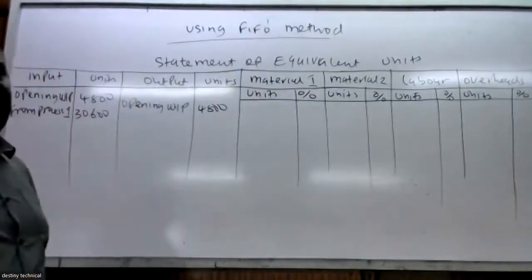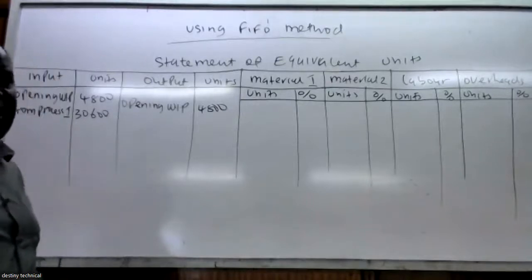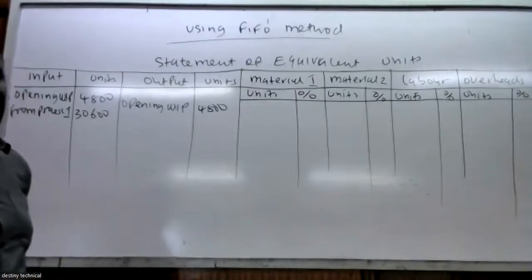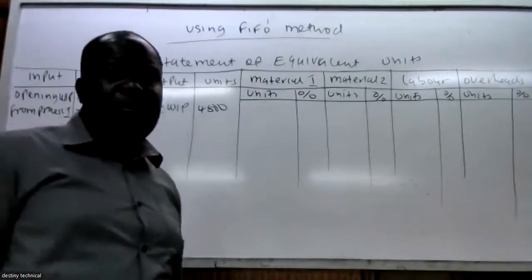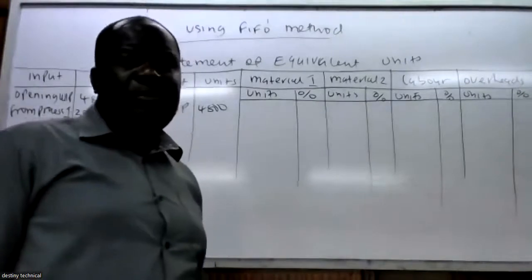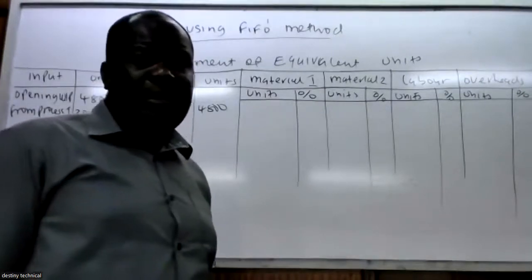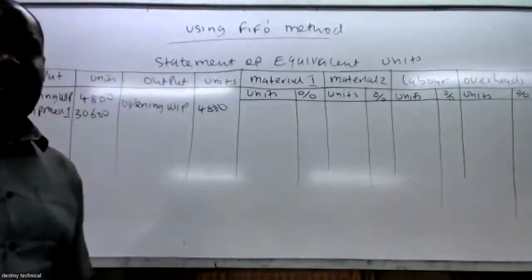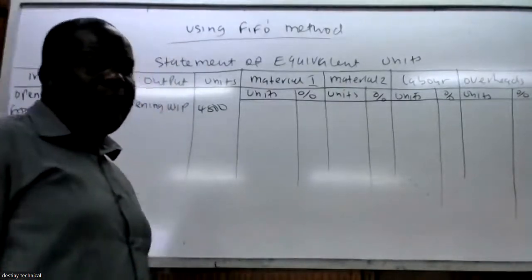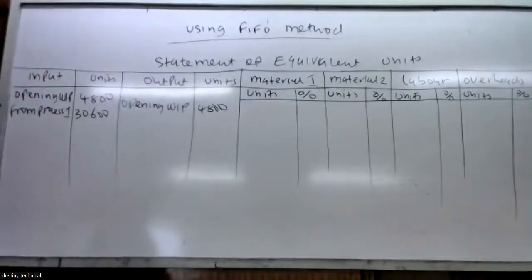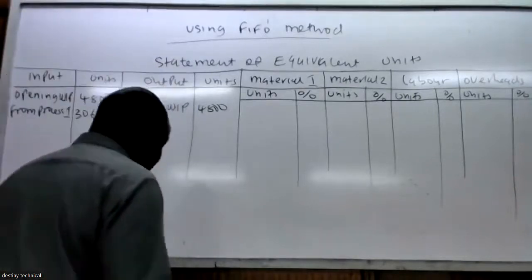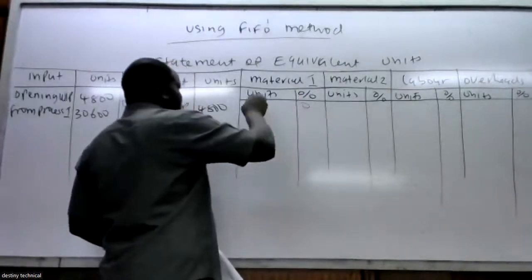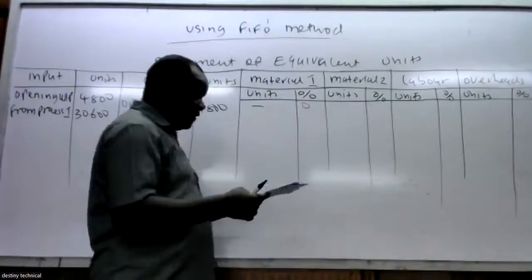Also, when dealing with the opening work in progress, we normally take the remaining percentage. If it's 100% complete, the remaining percentage will be 0, so there will be a dash for that.